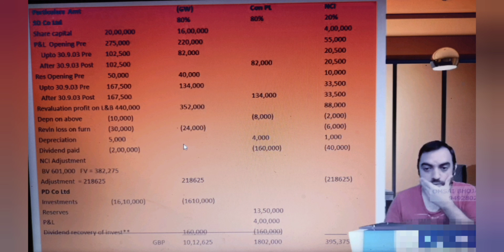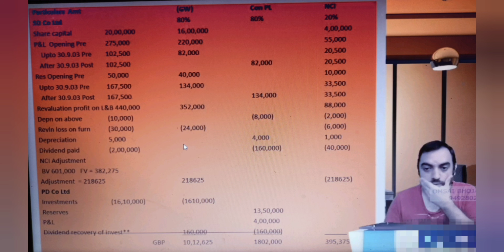Then go to the subsidiary company and the holding company: investments will be there, their reserves will come, the P&L account will come. And if you treat dividend as recovery of investment, that will come here. But we don't do it here. I'm just showing you for your reference.